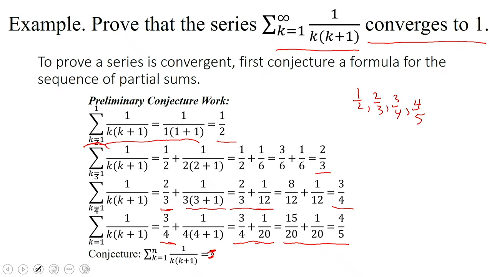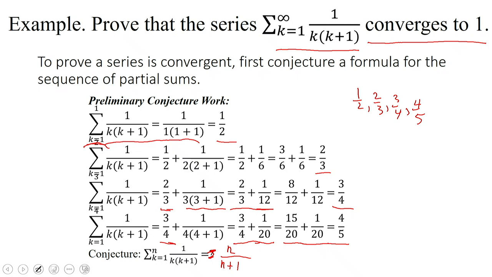And so we can conjecture that the numerator has n in it if you have n terms in the sum. Now, the denominators were merely one more than the numerators every time. So we can conjecture that the denominator is going to be n plus 1. So that's our conjecture for what this series is going to look like.